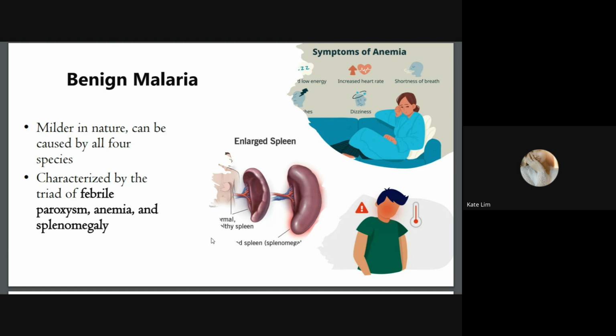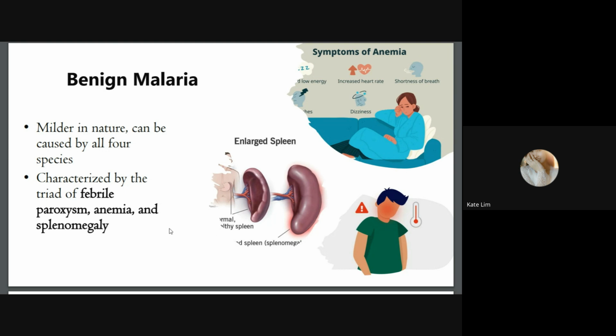They happen because the parasites inside the RBCs explode. When the RBCs explode, it releases toxins into your bloodstream. Your body reacts to these toxins by triggering a fever.